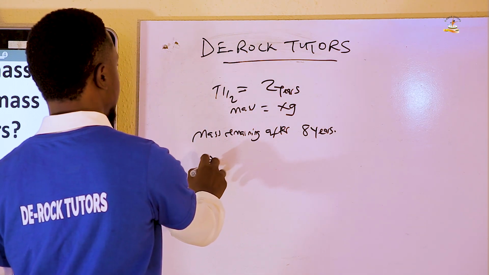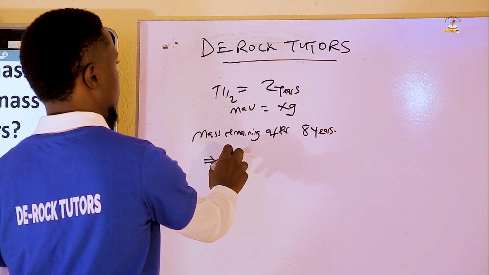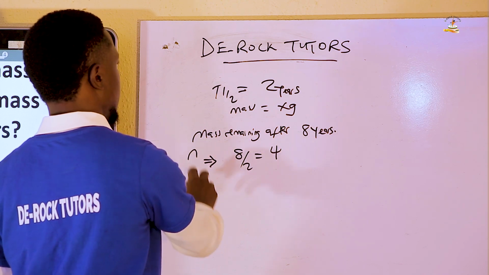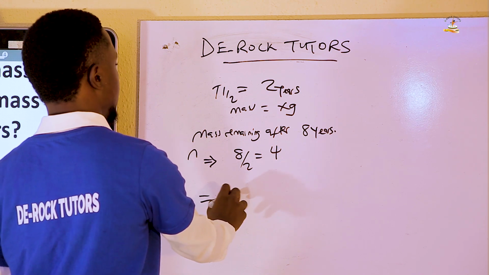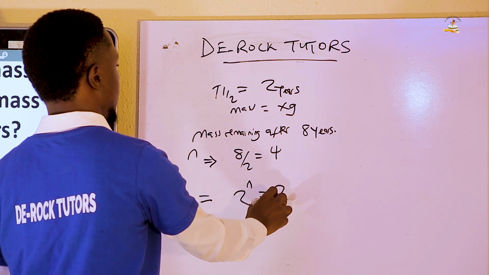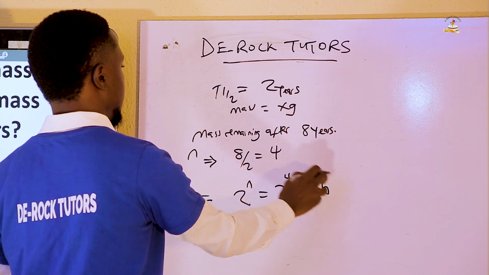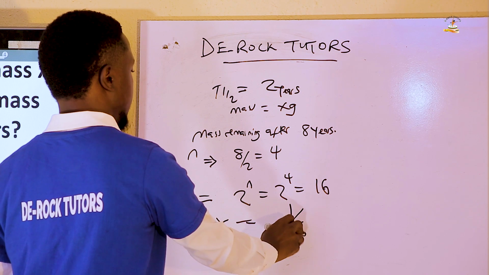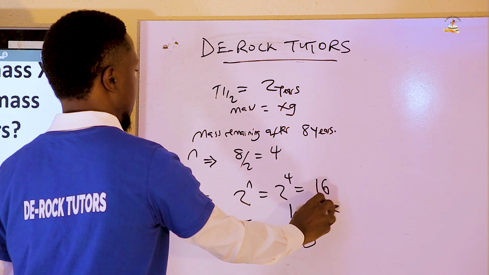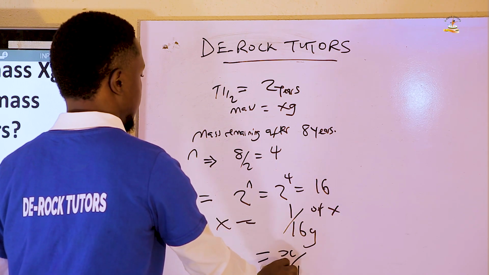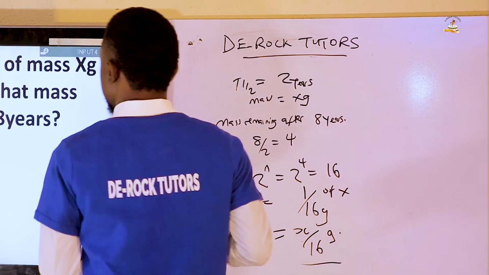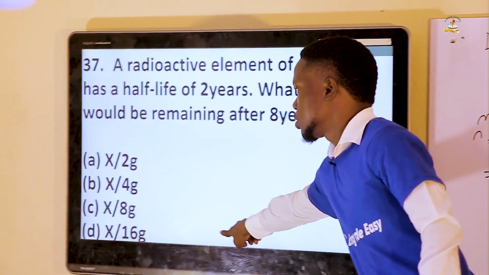To get that, 8 divided by 2 is 4, which is the n. So that will be 2 raised to the power n, that's 2 raised to the power 4, that's 16. So the mass that will be remaining will be 1 over 16 of X. So that's X over 16 gram. So that is option D.